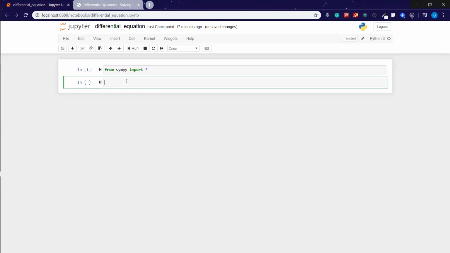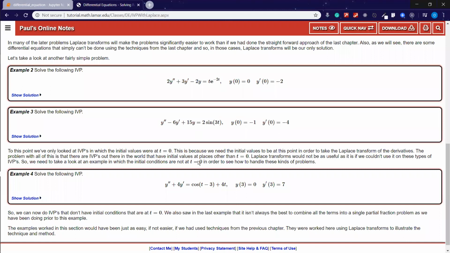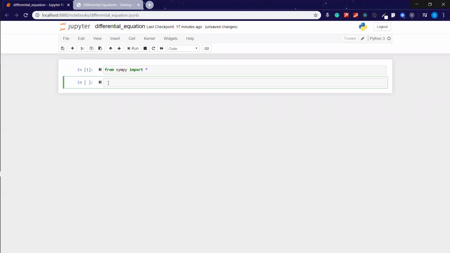Okay, so we are solving for y of t according to this differential equation. So t is our independent variable and y is our dependent variable. So I'm going to define a symbol for the independent variable t.